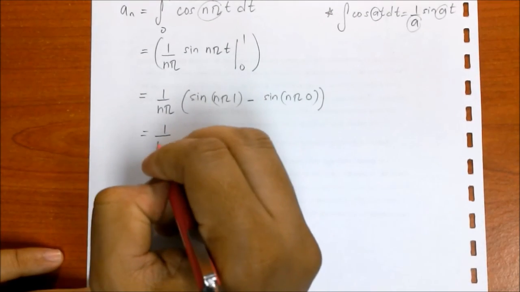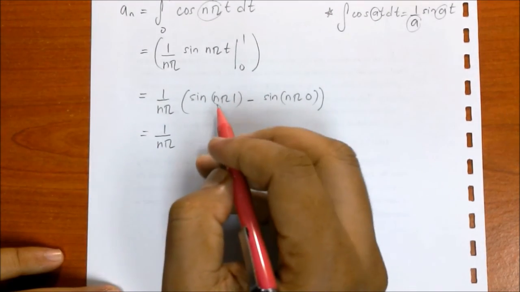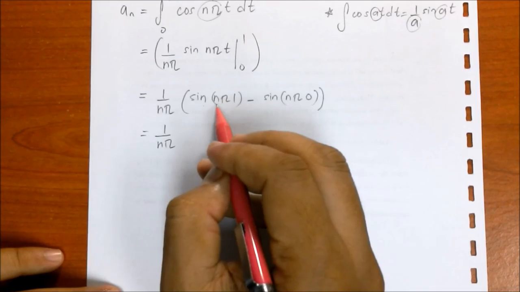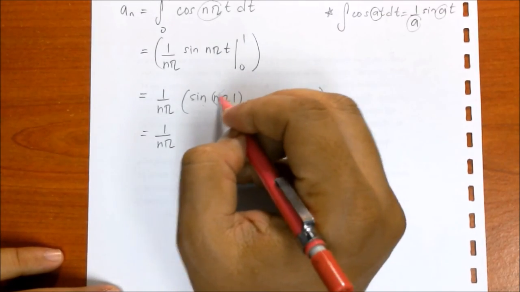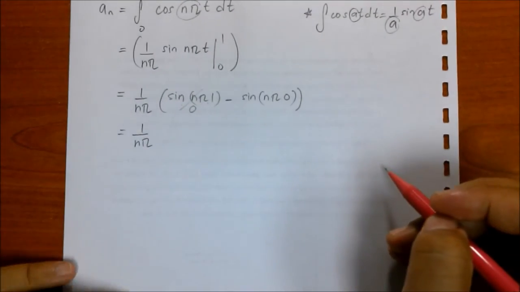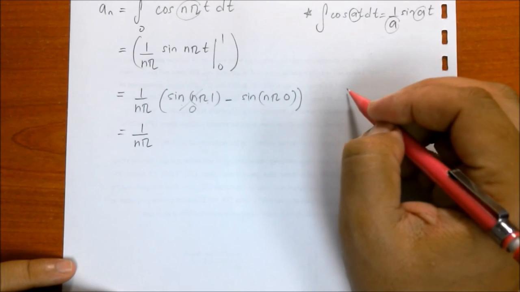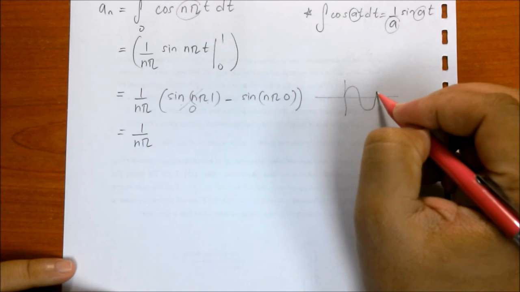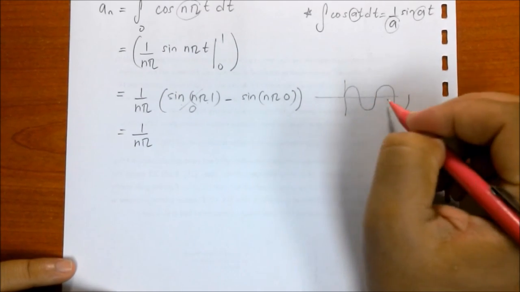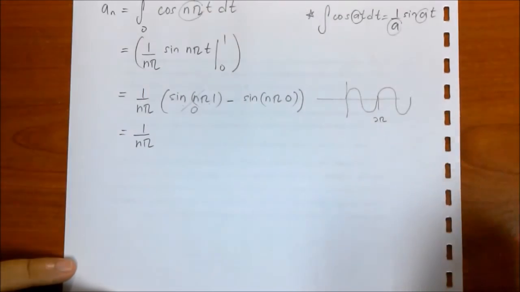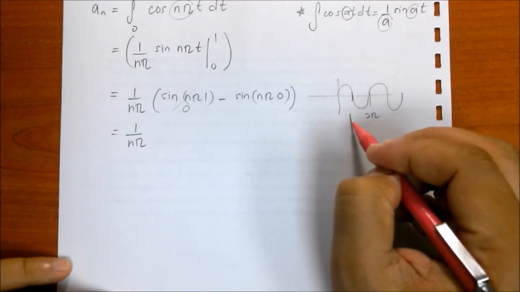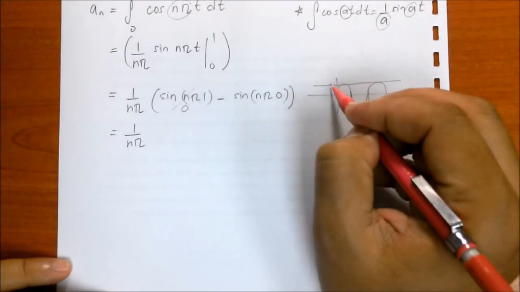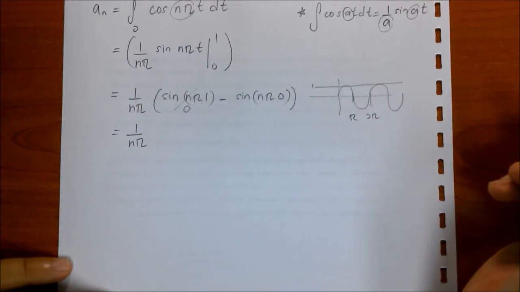So we have here sine n pi is actually equal to 0, right? We can refer to the sine waveform. So this is 2 pi, this is pi, this is 1.